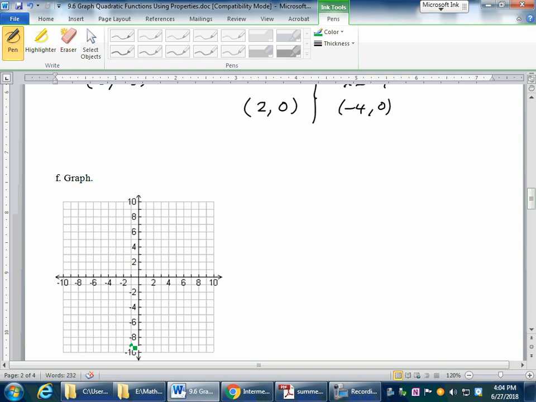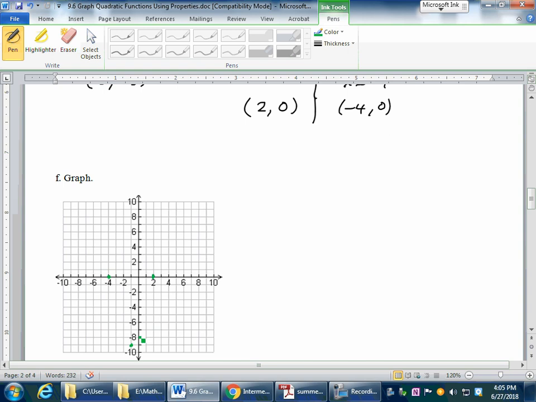Then my x-intercepts are (2, 0) right here, and another one is (-4, 0) right here. And my y-intercept is (0, -8), which is right here.